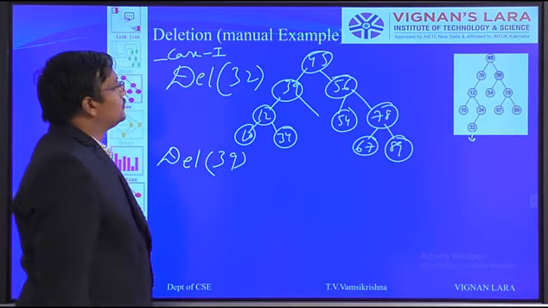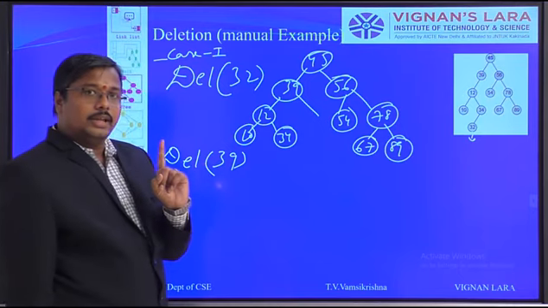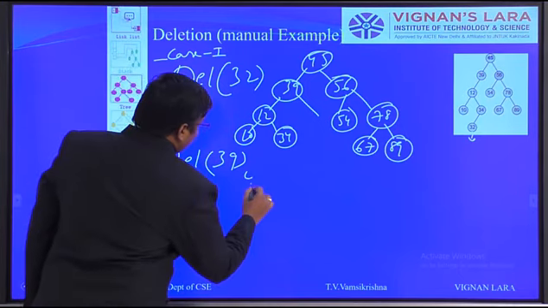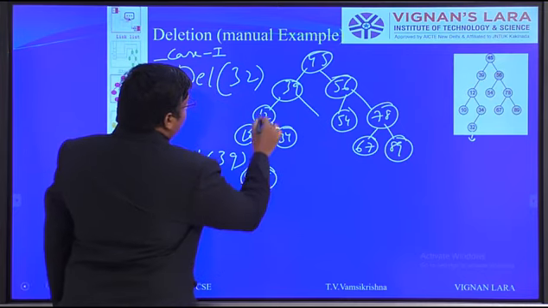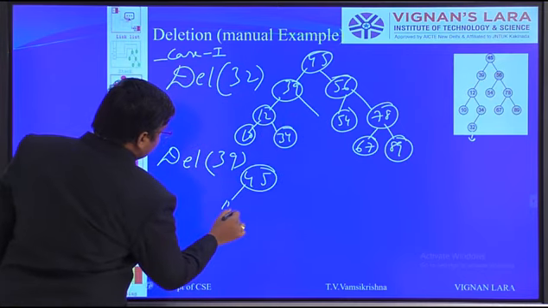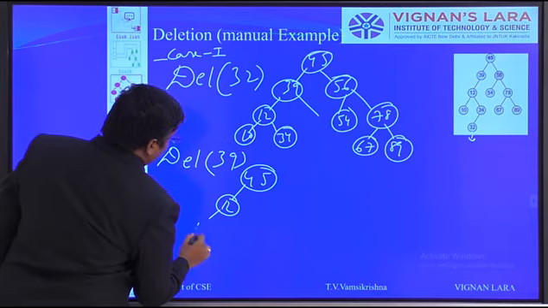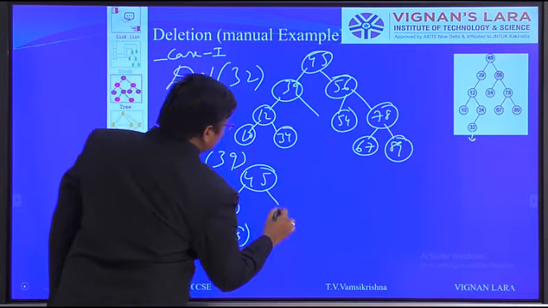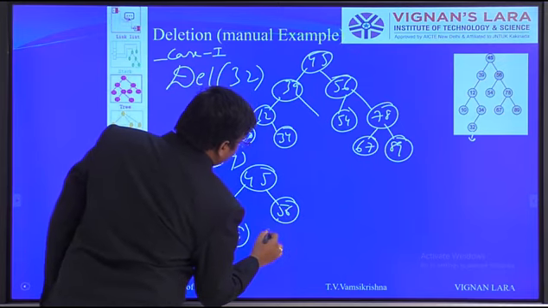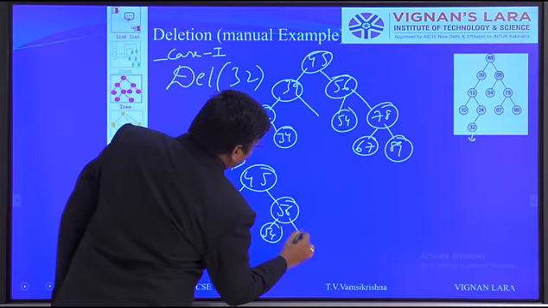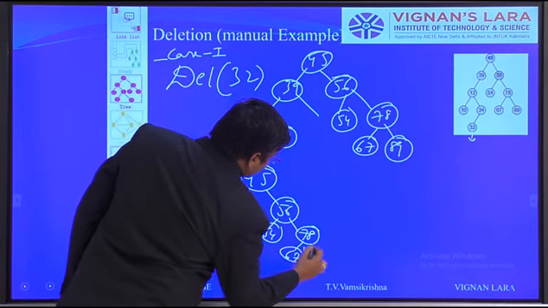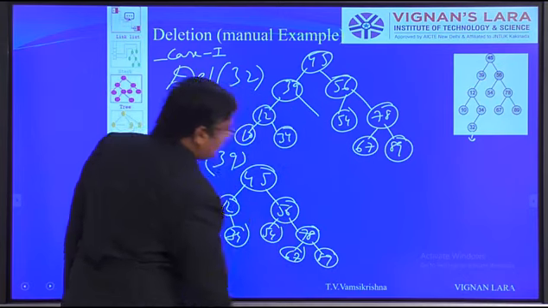So the 39 having only one child. So what is the resultant tree at the time? So 45. 12 comes to the 39 position. So 12. Later 10, 34. The rest of the tree is same. 56, 54, 78, 67, 89.